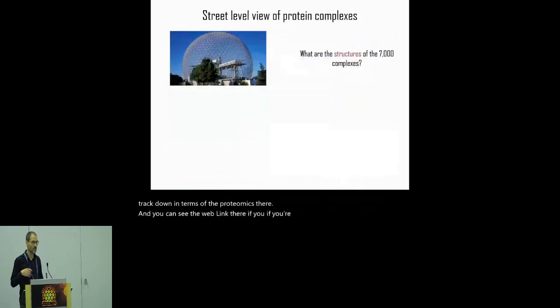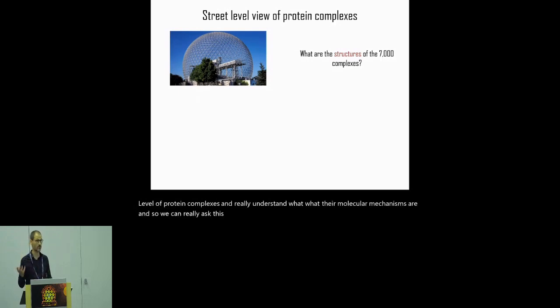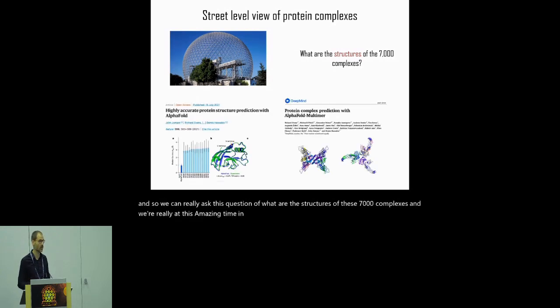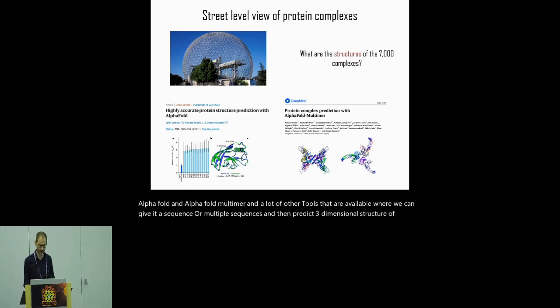But really, we want to get to the street level of protein complexes and understand what their molecular mechanisms are. So we can ask: what are the structures of these 7,000 complexes? We're at an amazing time in structural bioinformatics due to the advent of AlphaFold, AlphaFold-Multimer, and a lot of other tools, where we can give it a sequence or multiple sequences and predict the three-dimensional structure of these complexes.